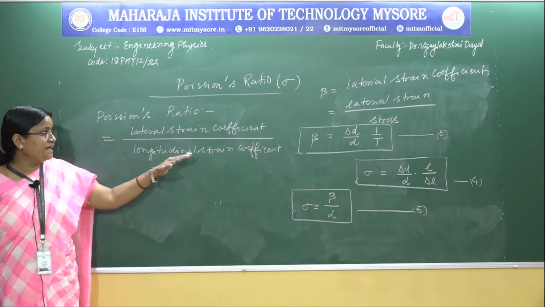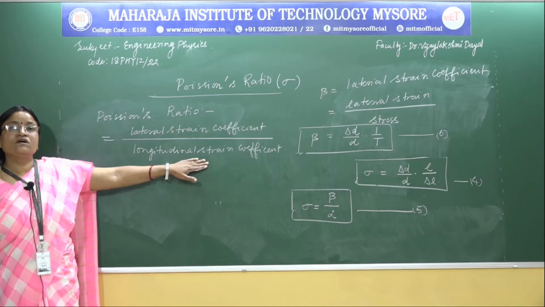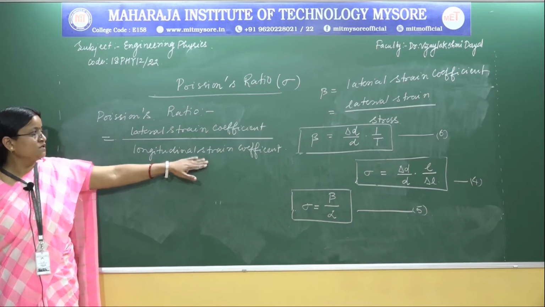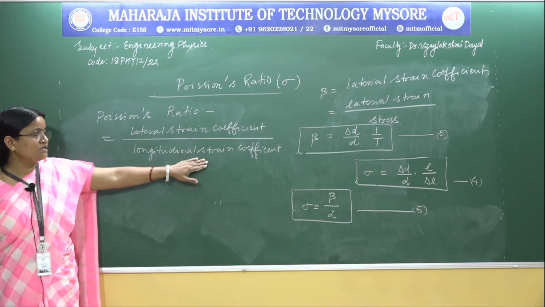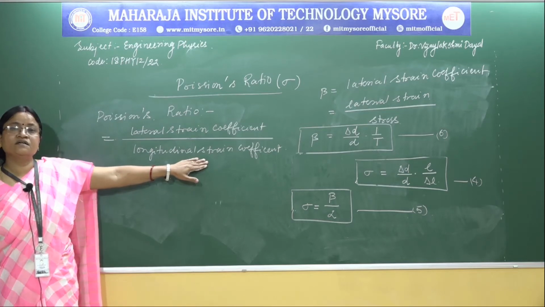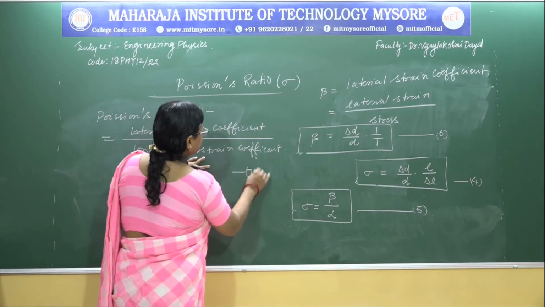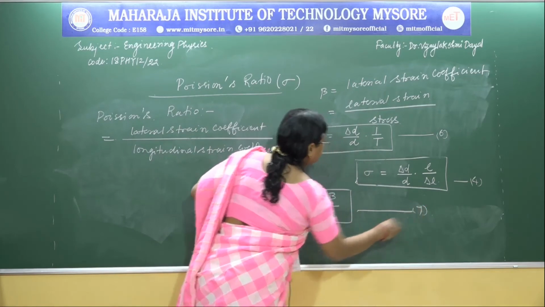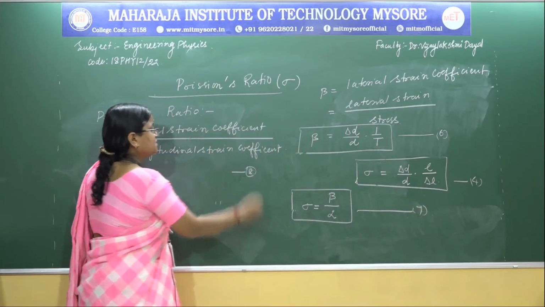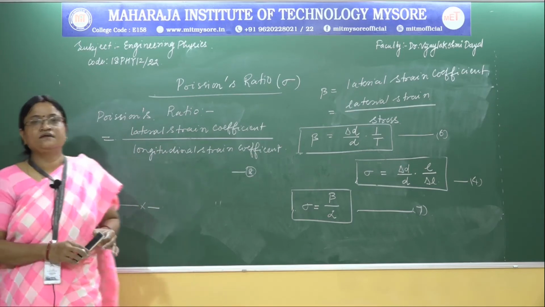Poisson ratio is defined as the ratio of lateral strain coefficient and the longitudinal strain coefficient, where lateral strain is nothing but change in the diameter and longitudinal strain is nothing but change in length. We can write this equation as equation number 7, and this is equation number 8. Thank you.